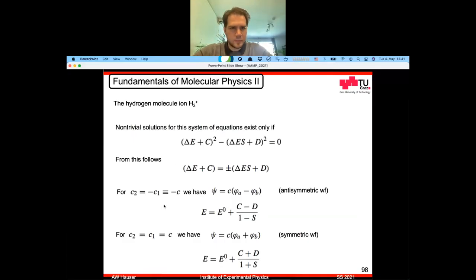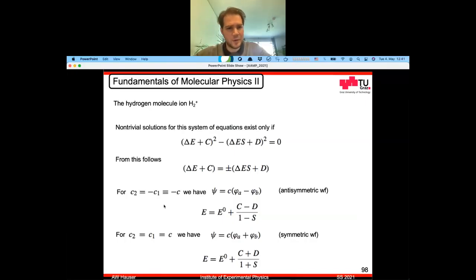So now we solve this set of equations. It is a set of two equations, and it's a homogeneous linear set of equations. So non-trivial solutions only exist if we take the determinant and set it to 0. So from this follows constraints or conditions for the coefficients in our coupling.